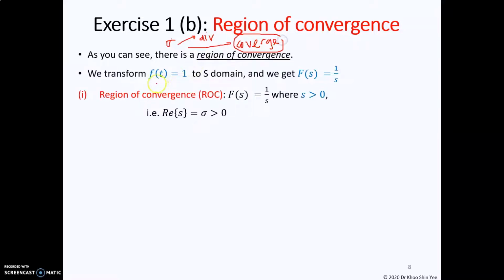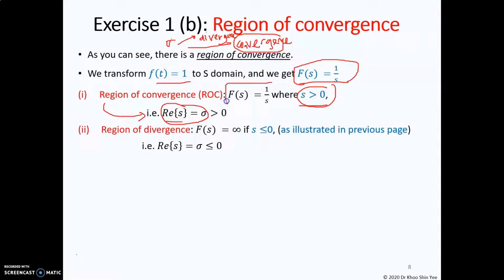For example, for the f(t) equal to 1, when we convert to s domain, we get F(s) equal to 1 over s. This is only valid when s is greater than 0, or in specific, the real part for the s, which is equal to sigma, is greater than 0. So this is our region of convergence.